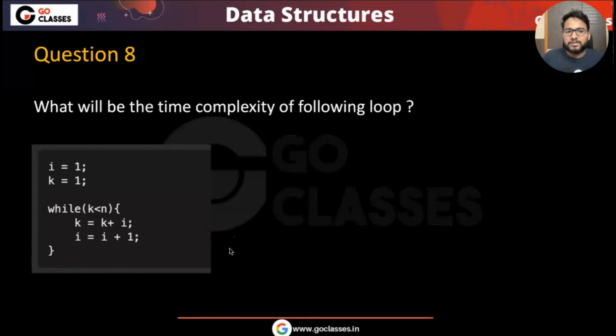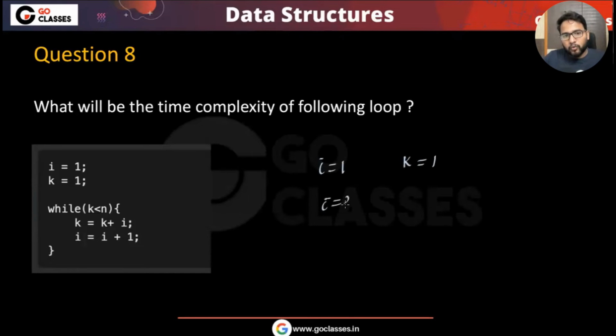Okay, let's see what is happening. We need to check how many times it is running. How are the k values changing? K will be 1, and then it will be k plus i. For i equal to 1, k is 1.